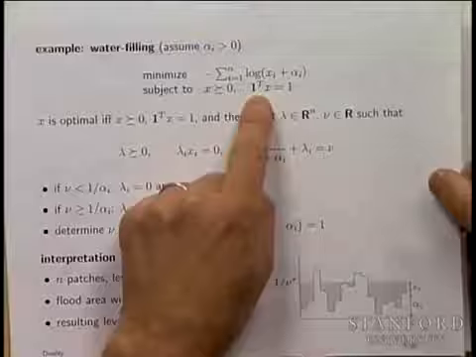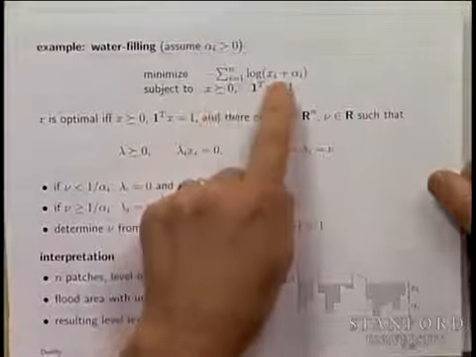Okay? And in fact, if you go back, you get beautiful, beautiful interpretations. For example, here in water filling, the lambda I now has a beautiful meaning. It's basically, look, you're violating this constraint.